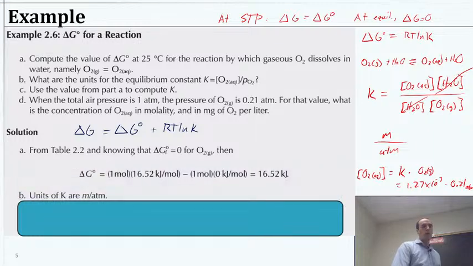All right. So first, we can remember that our delta G equation is essentially delta G is equal to delta G naught plus RT ln of K. At equilibrium, we are defining the delta G as 0, right? That's when there's no change in our Gibbs free energy.